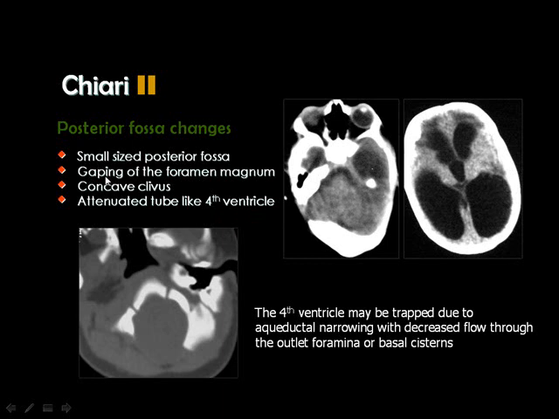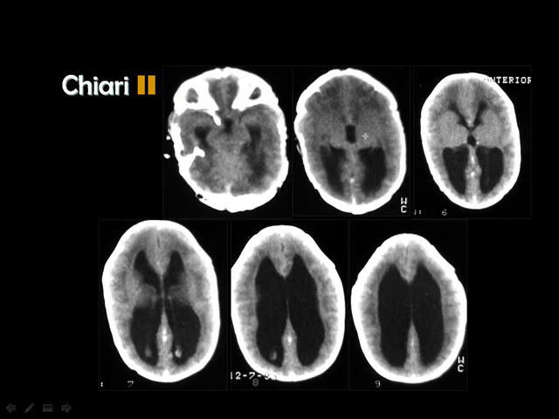Number 2, you get gapping of the edges of the foramen magnum to accommodate the descent of the cerebellar structures. Then you have also a concave clivus, also for the same reason. And the fourth ventricle may be totally attenuated, you cannot see the fourth ventricle, or may be stretched and tube-like, and this can be seen in the sagittal images of MRI.